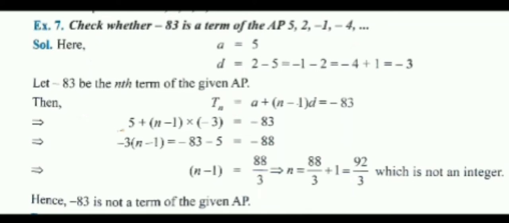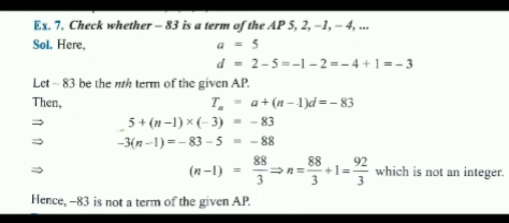So students, what was the formula of the general term of an AP? That is Tn equal to a plus n minus 1 into d. And we have taken minus 83 as our nth term.